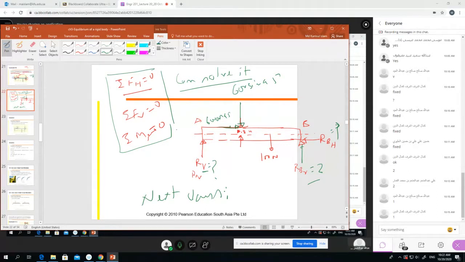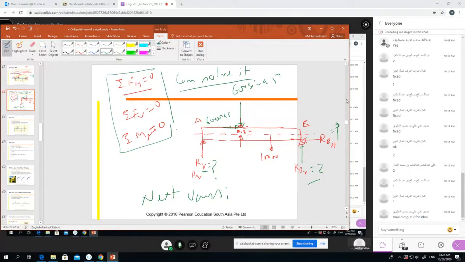Doctor, on Thursday, the day of the midterm exam, will we have a lecture? Yes, you will have a lecture. Doctor, some of us are having a midterm in the morning, so can we skip it? No, you have class from 9:30 to 10:20. So in the class time, there will be class. Does anyone have an exam during this time?